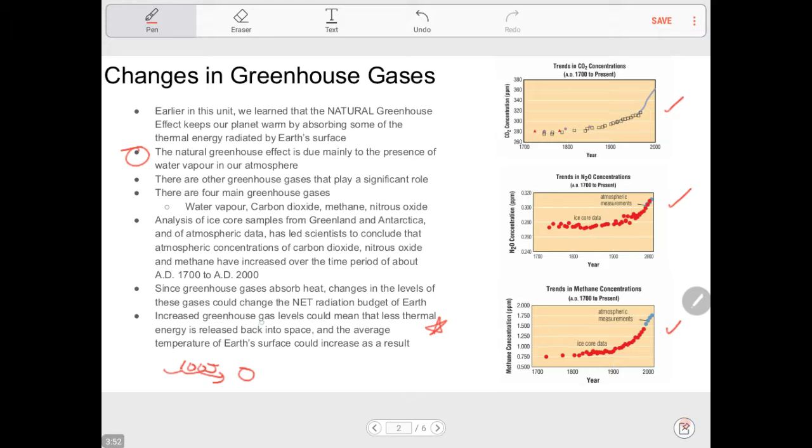But if these greenhouse gas levels increase, we might now, let's say, only let 80 joules out every day. So that means on a day we have 100 in, only 80 out. That means for that day we're plus 20 joules of energy. And that would happen the next day and the next day and the next day. And of course that is going to lead to an increase in the temperature of the surface of the Earth. And this is the concern. We no longer have a balance. We are going to be going up each day.